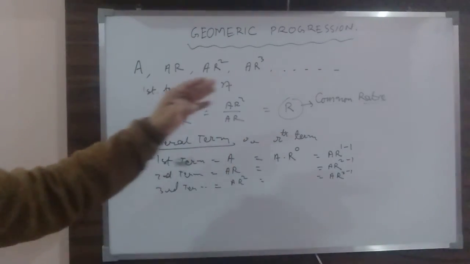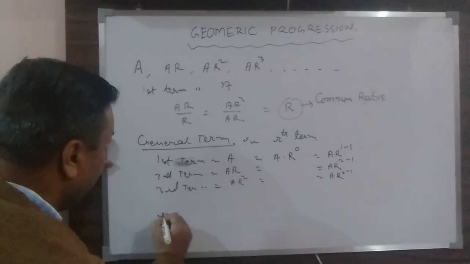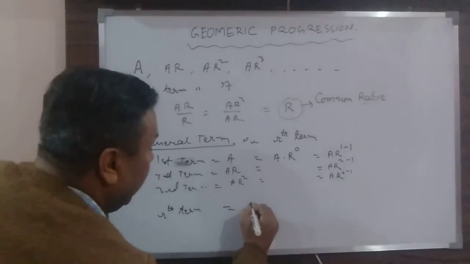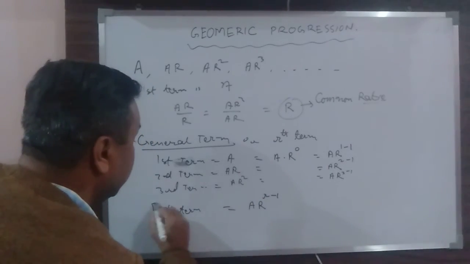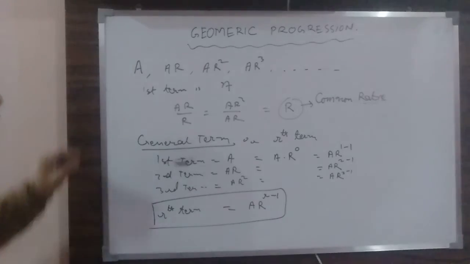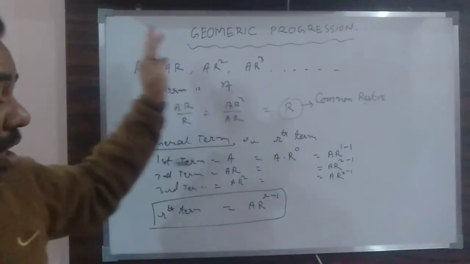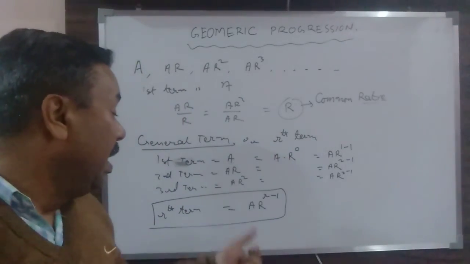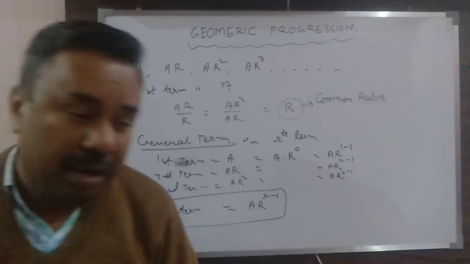So when you generalize it, you will get the rth term as a r raised to the power r minus 1. And if the total number of terms is n, then the nth term will be a r raised to the power n minus 1.